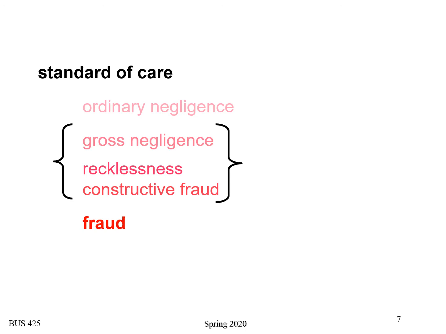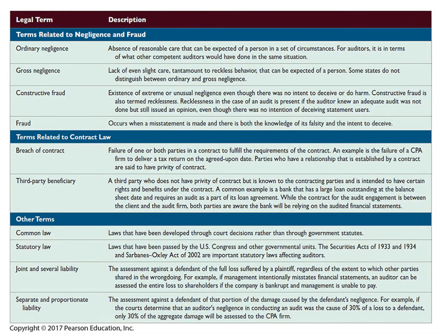Standard of care, like I said, I don't know whether that's a true word or not, but ordinary negligence, then we have gross negligence, recklessness, constructive fraud. I lump those all together. They're worse than ordinary negligence, and then we have fraud. The book has an excellent table.